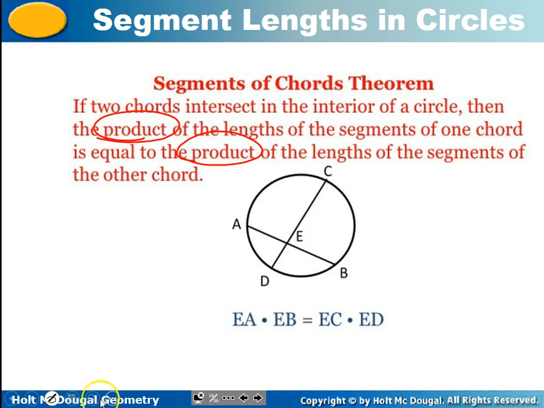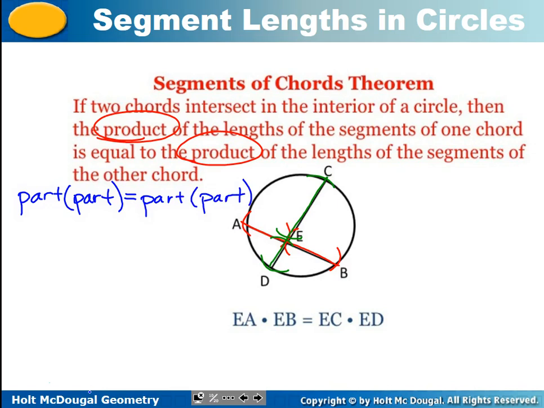So I've got this chord right here, AB, and I'm going to multiply AE times EB, and I'm going to set that equal to, here's my other chord, DE times EC. So what we're really doing here is we're multiplying part times part, and we're setting that equal to our part times our part.